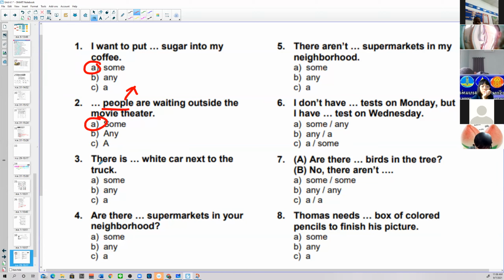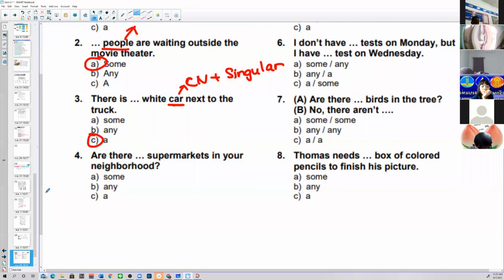Number 3, there is a car. This one is a countable noun and it's singular. So what are you using? There is a white car next to the truck. Number 4, supermarkets, countable nouns and plural.